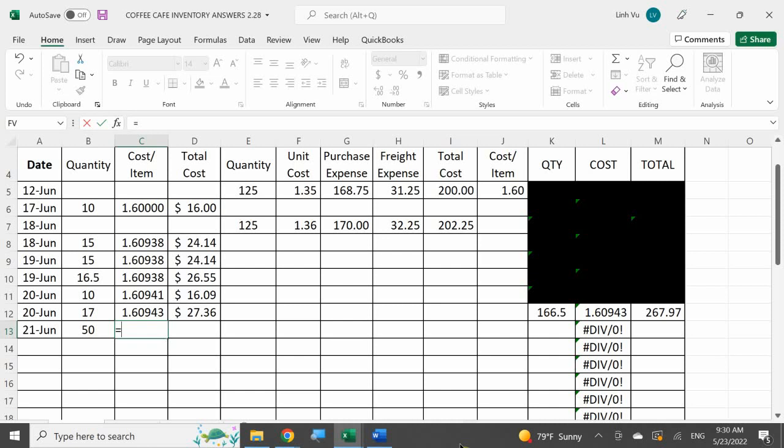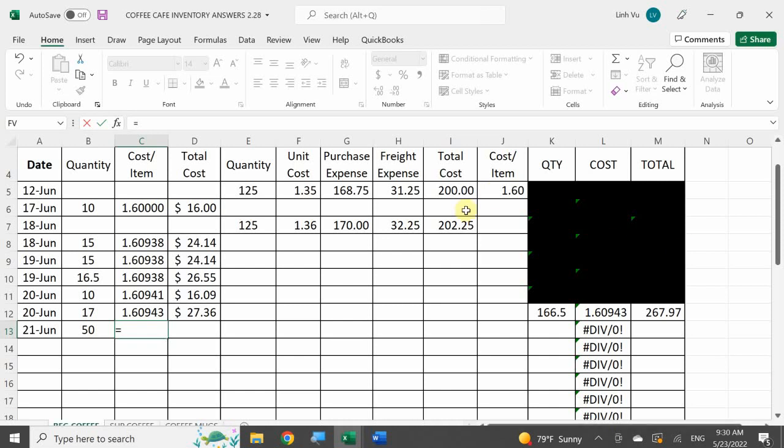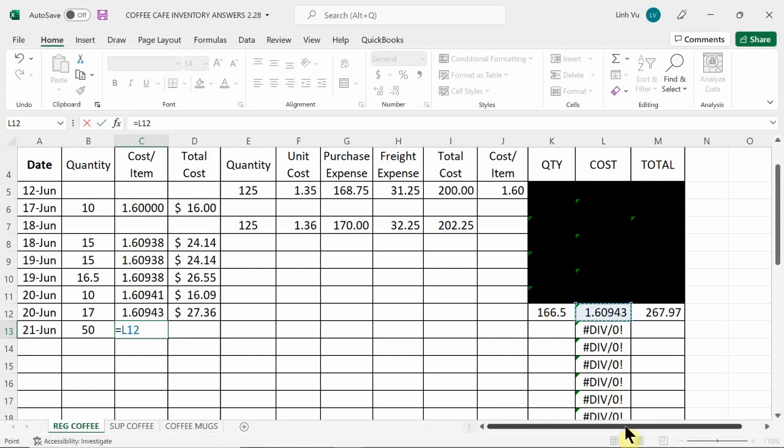If I sell 1 pound, how do I know how much it is? We divide the $267.97 by the quantity. What number do you see right here? What is my average cost per item? 1.60943. Good. This is your average cost per item.